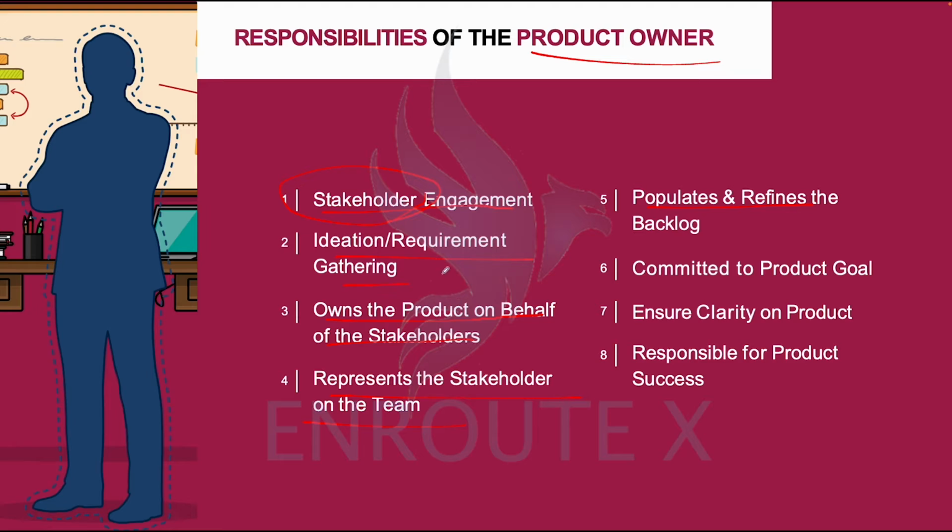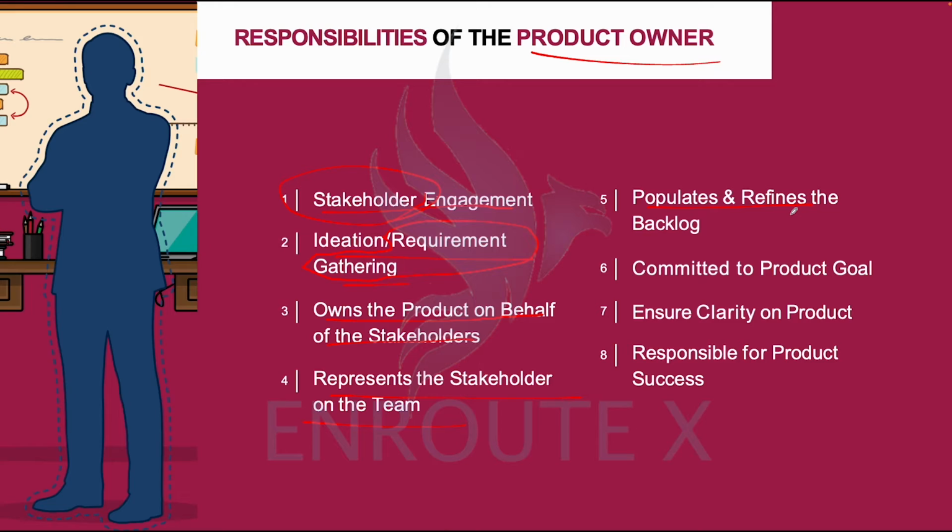The requirements that are being gathered would then be translated into items that would go into the product backlog, and it populates the product backlog. It builds the product backlog and it refines that backlog.